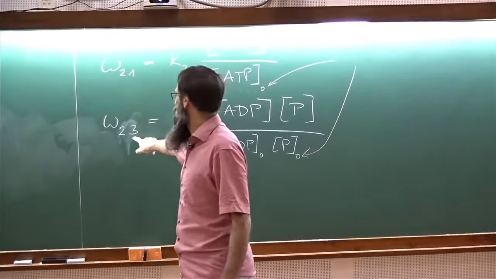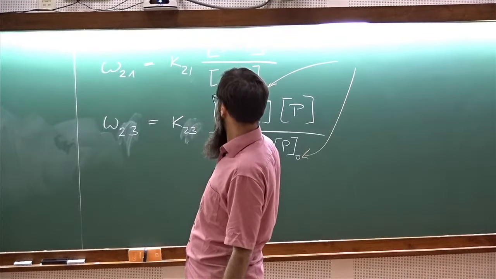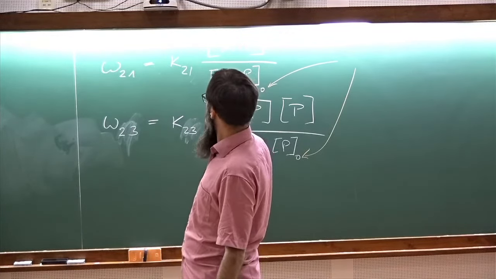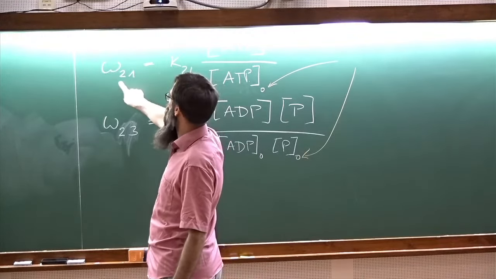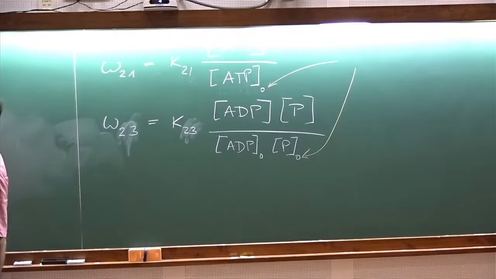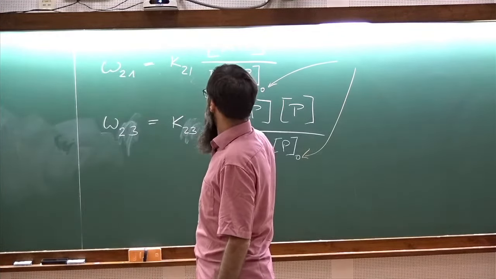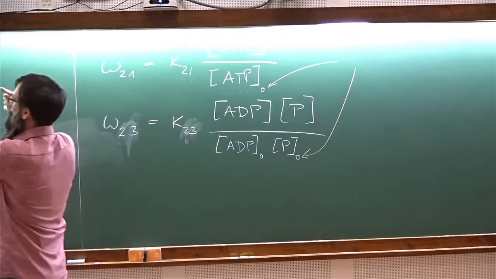You always have to read the indices backwards. The first one is wrong. No, this one is right. This is going from 1 to 2, this transition where the ATP comes in. And then here, I have to take the backward transition from 3 to 2. So the 2 must be the first index in both cases, because both transitions go towards here.